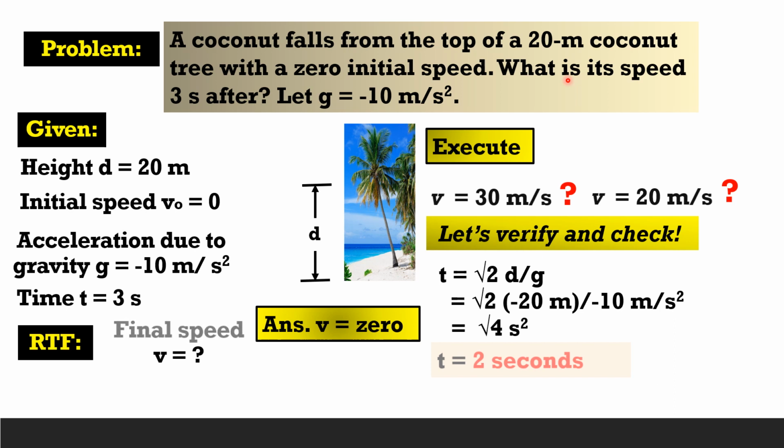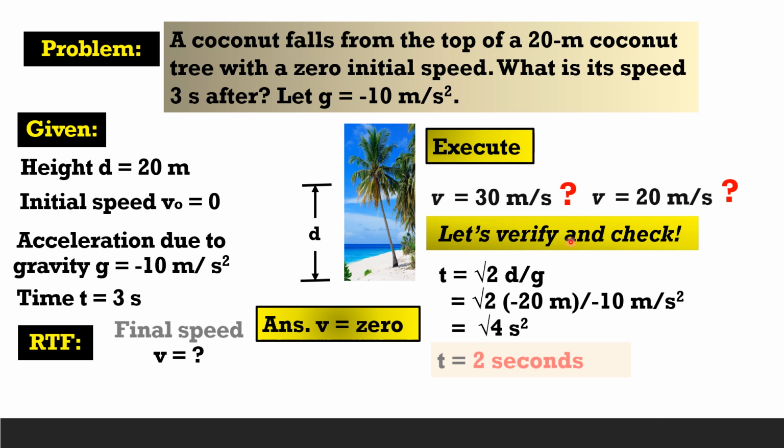So this problem shows that in analyzing problems like this, you really have to make sure that the equations you are using are the most appropriate formulas based on the given data as well as on the given situation. There are problems in physics which sometimes include what we call distractors or tricks.